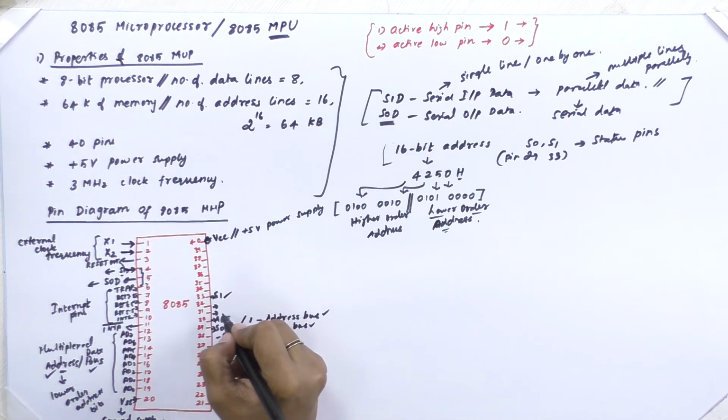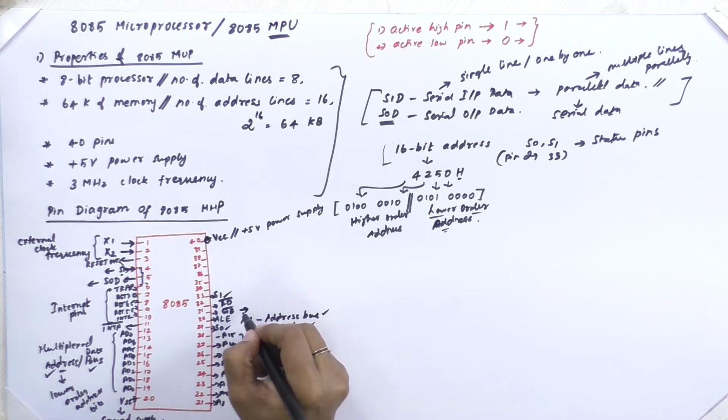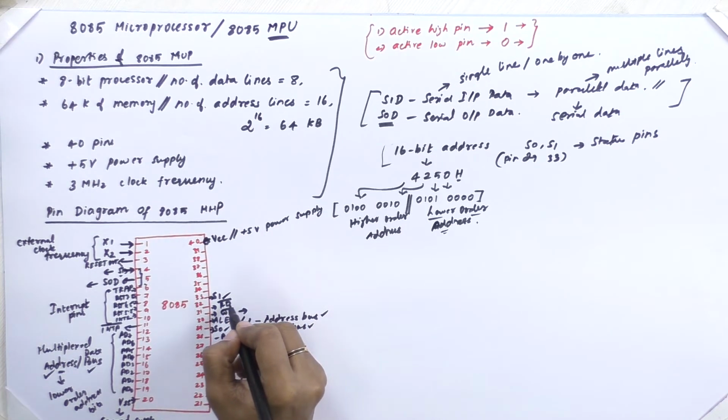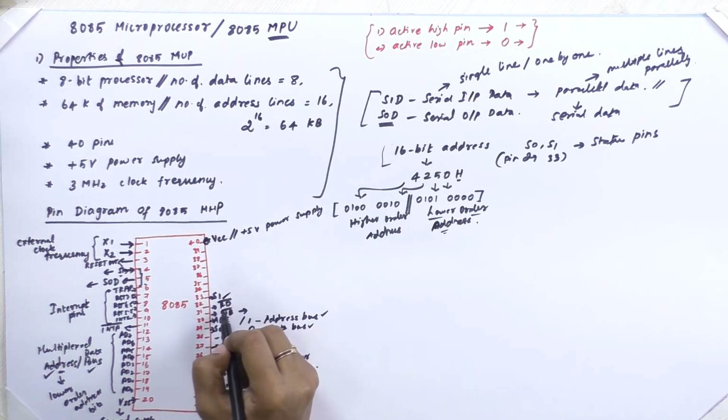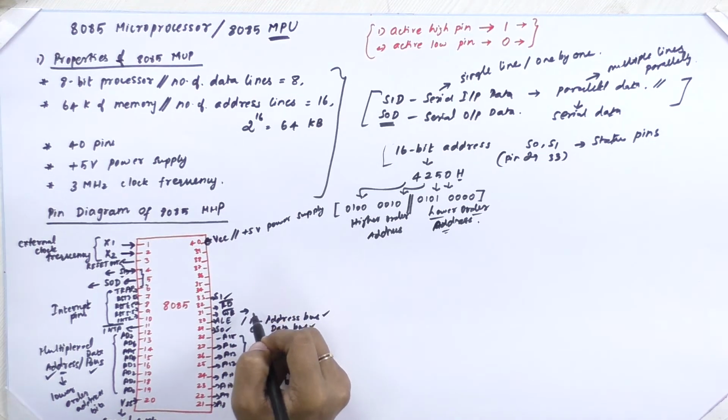And after that, it is followed by the read and write pins. So we know that these two, write and read, are indicated with a bar over the pin names. Hence these two are active low pins. It means that these two pins will start executing their function whenever the signal or bit received over the pin is 0.